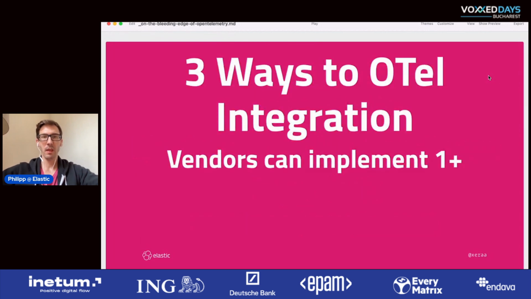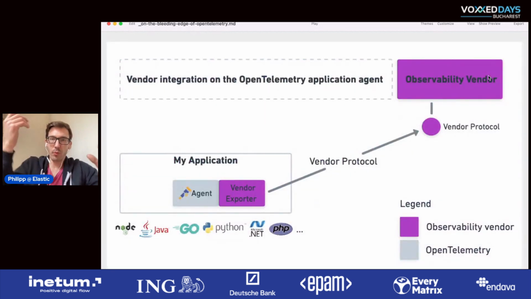Now, how do you integrate OpenTelemetry, which is the open source standardized way that sits in your application, with the vendor-specific backend? Vendors can implement one of up to 3 ways, or multiple of them. So the 3 ways could be, you have your OpenTelemetry agent for whatever language you're using, and then in the agent, you can have a vendor exporter.